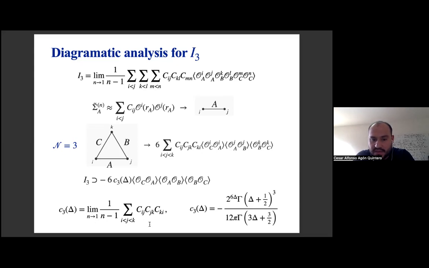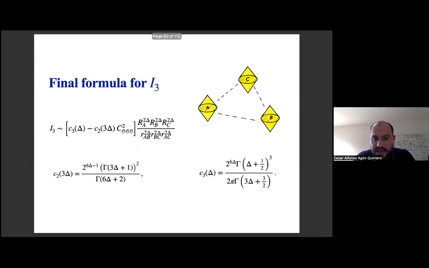And I'm just claiming that you can carry out this sum explicitly and get an explicit function for that coefficient. It also depends only on the scaling dimension of the operator. There are no more dynamical data. And the thing I already told you, this gives rise to this nice formula in which the 3-point function squared is what gives us this OPE coefficient, and everything I said before applies for this formula.